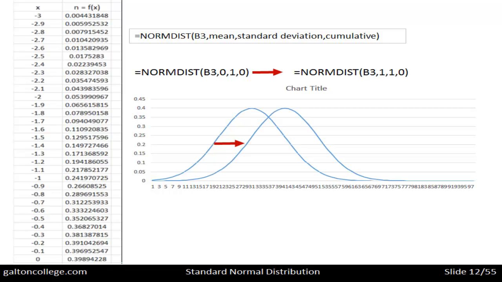And if we change that to, let's say, mean 1, it causes the whole curve to shift to the right. So we change the formula from B3, 0 to B3, 1 on the right hand side. It causes the whole curve to shift over.